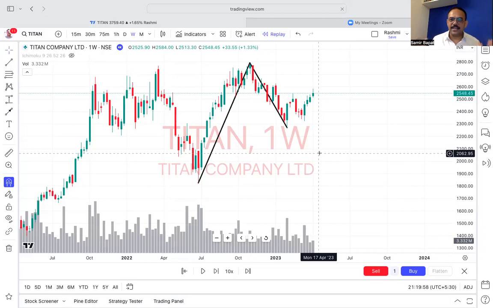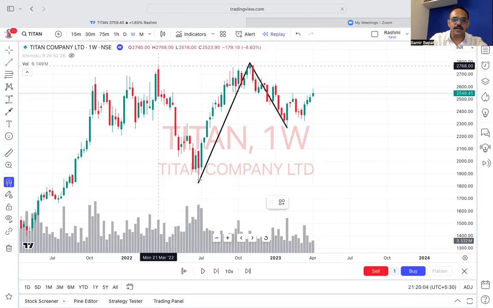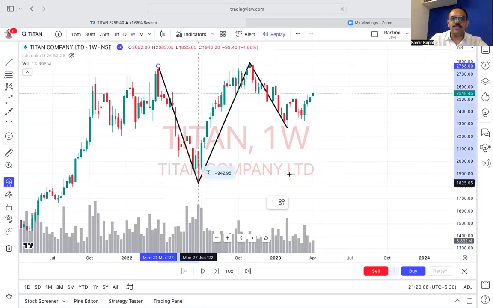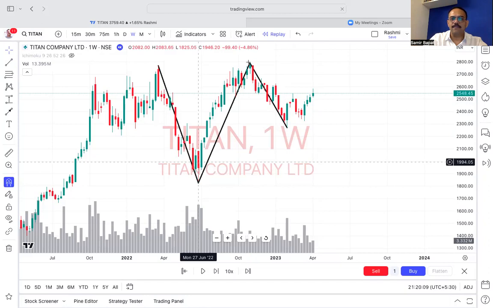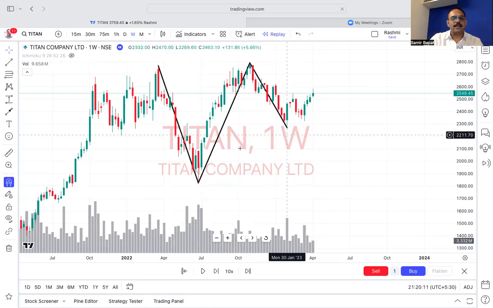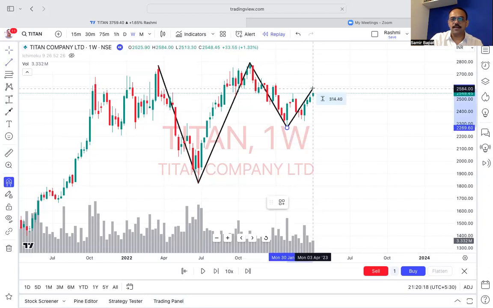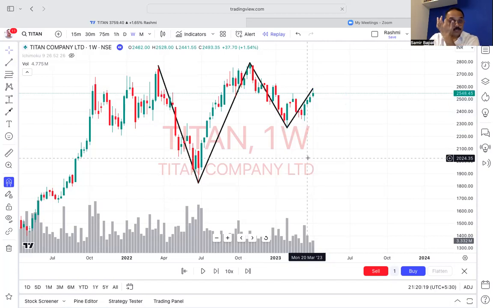So very clean V's, correct? Now, if we join here to here, I have a V here and a reverse V here, correct? And the price starts going up from here, so it has gone up from here to here. So this V is under formation here.